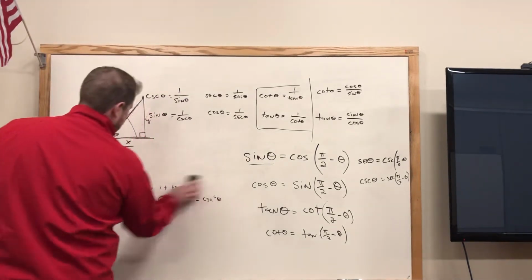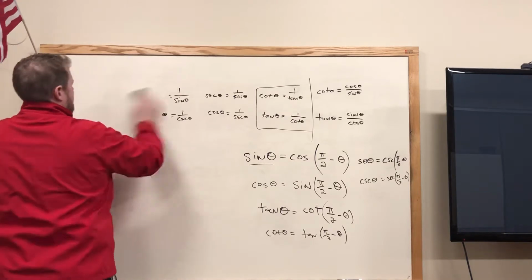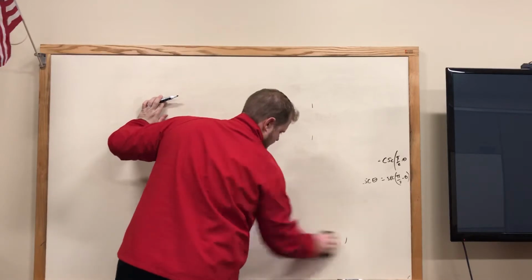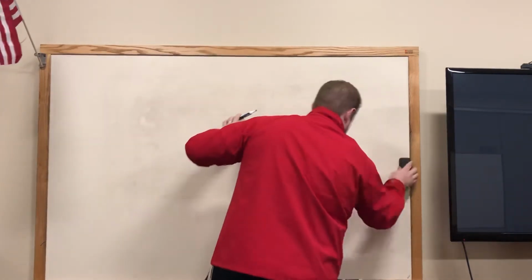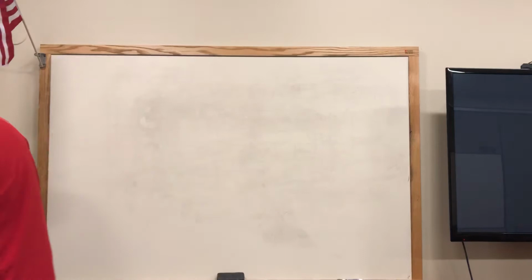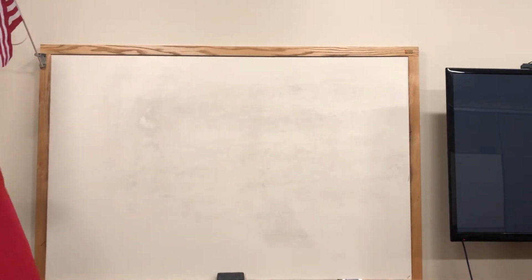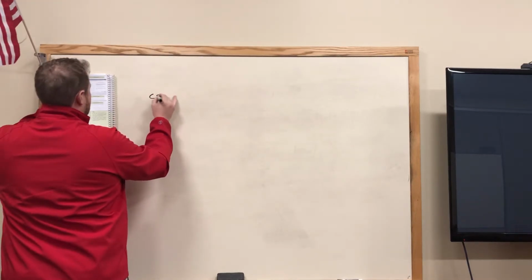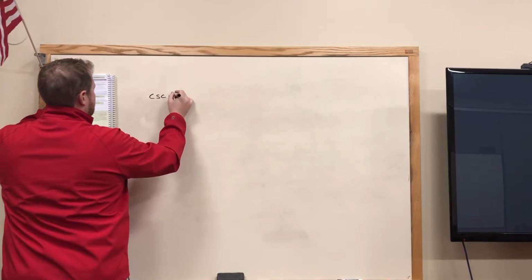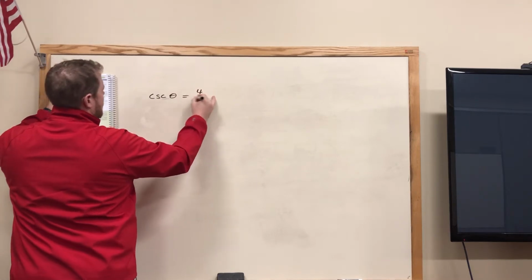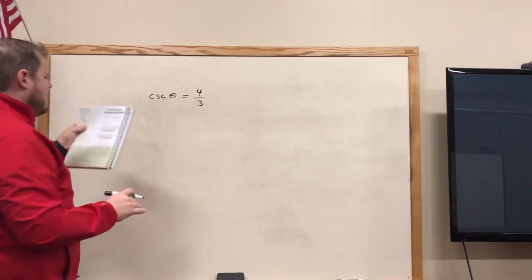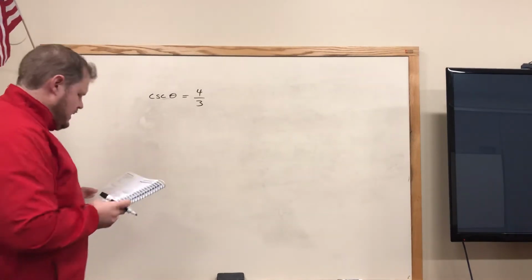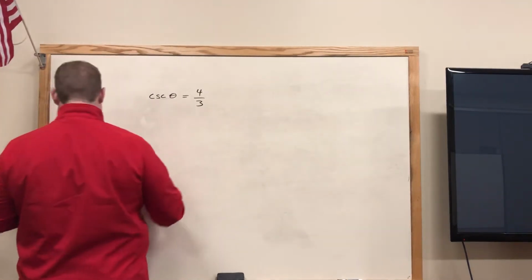For instance, cosecant theta equals 4 over 3. Find the other 5 functions of that. So what would happen if I have cosecant theta?